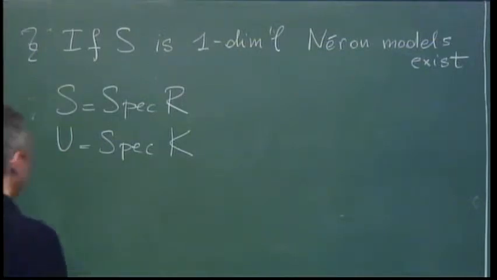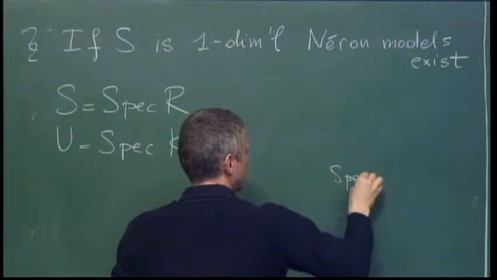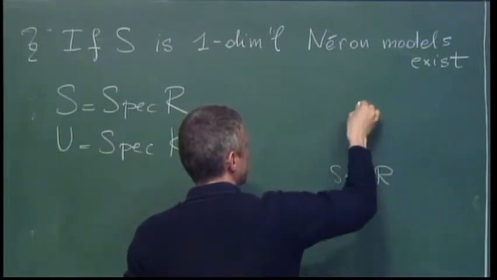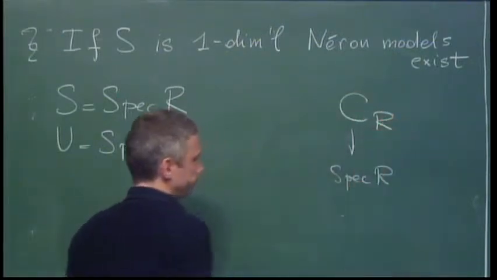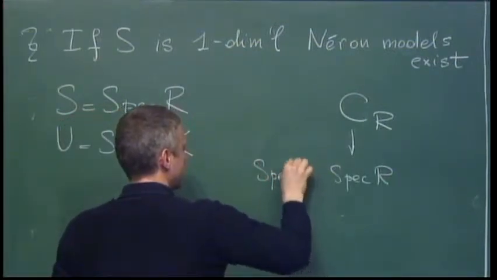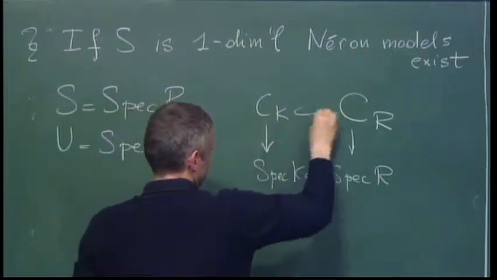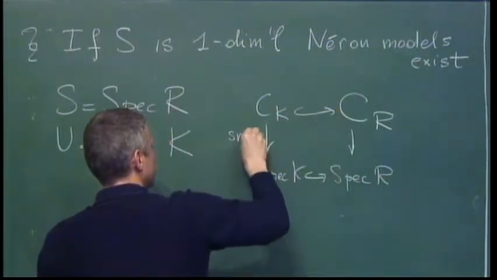And now over Spec R, let me put a stable curve. And now Spec K is going to be a smooth curve. Why is that?